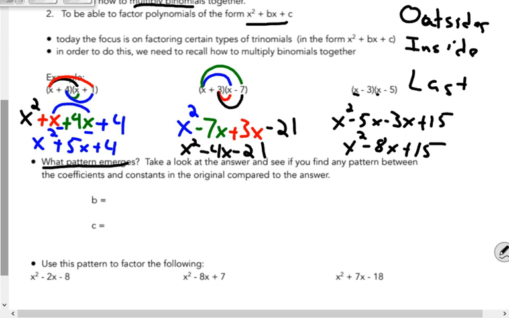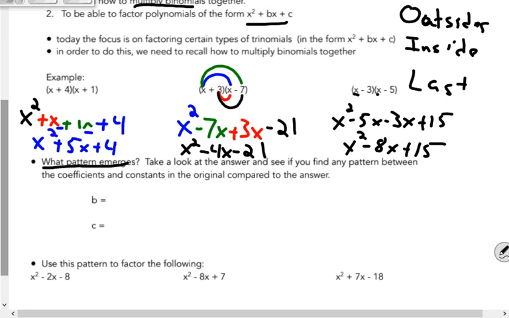Now, I'm going to start here. I'm just going to erase this part here. My middle term is 5. My last term is 4, right? Either way, doesn't matter. What's 4 plus 1? What's 4 times 1? What's 3 times 7?